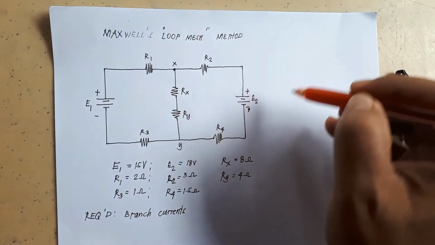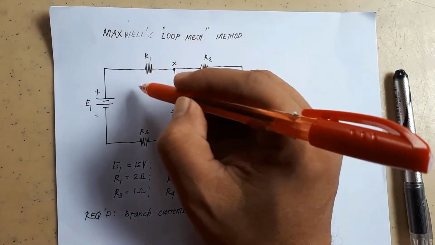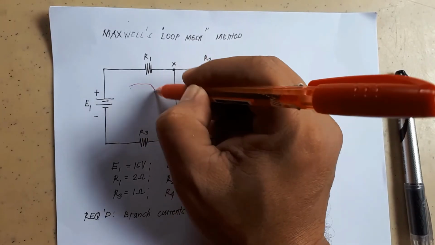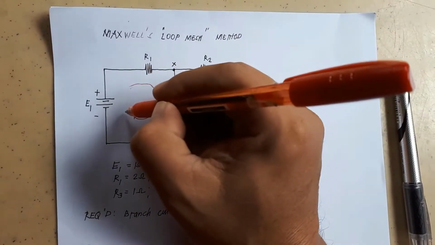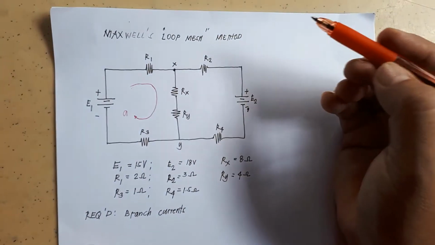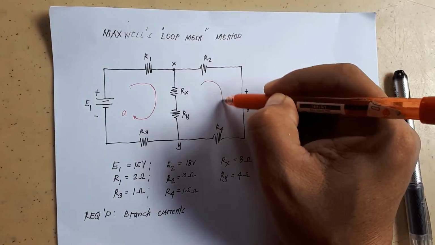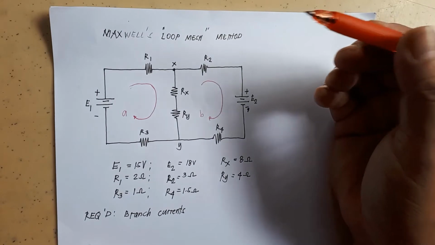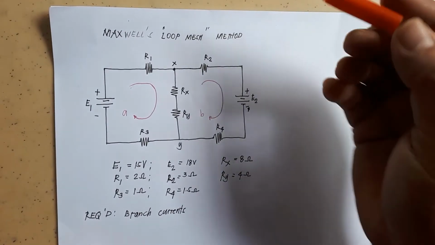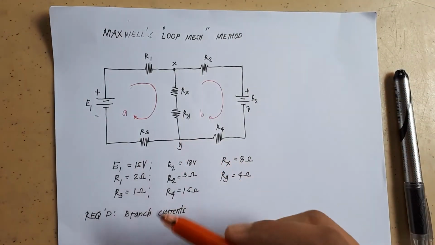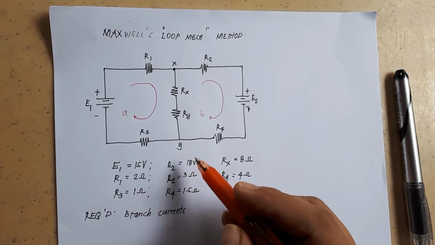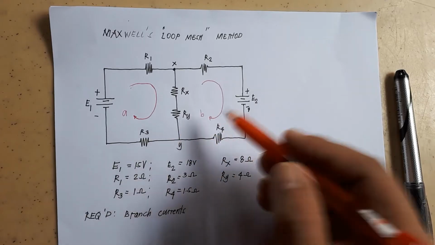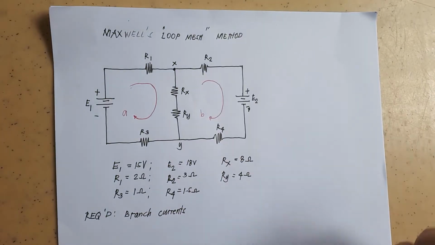Actually, we can make three loops here, a bigger one outside. But for this time, we can just make two loops. Let's say that is loop A, and the other loop here is loop B. Since we only need the voltage equation, what loop voltage equation can we draw out from the given loop A and loop B?